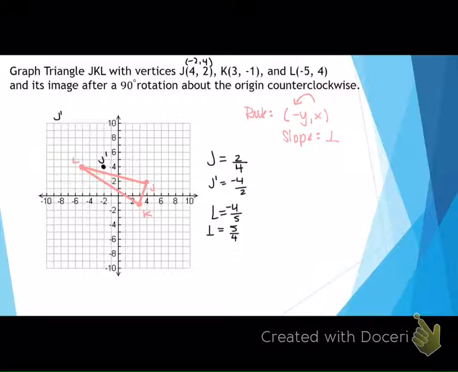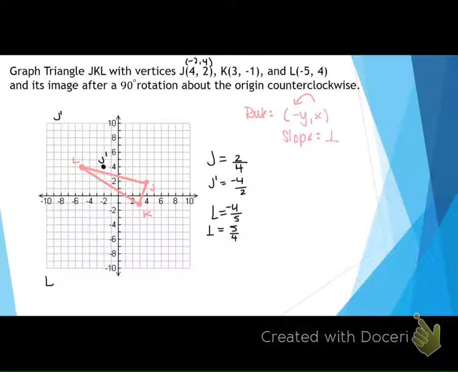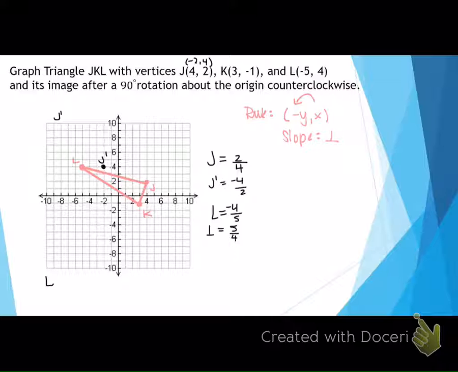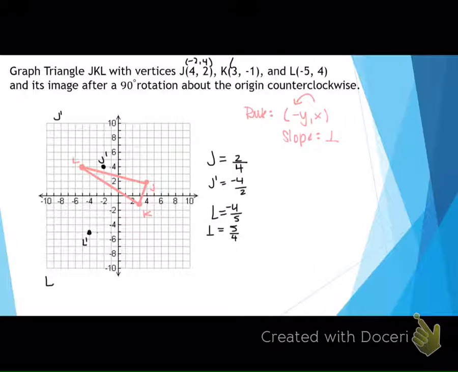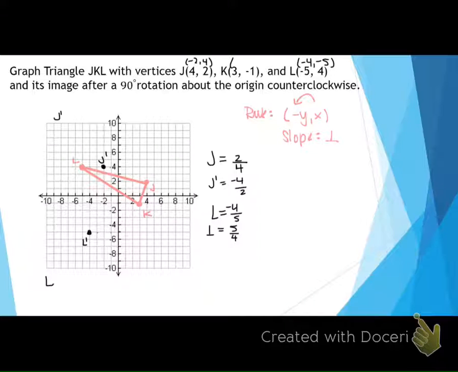In quadrant 3. And will you go up or down first from the origin? So we go down 5. Which direction? Left or right? Left 4. And again, if you do the whole negative x comma y, you'll see that we do get it at -4, -5, right?